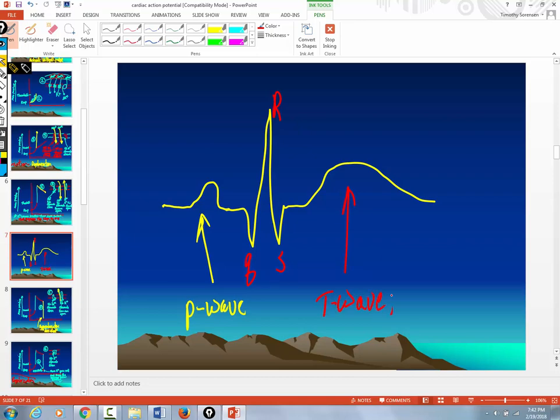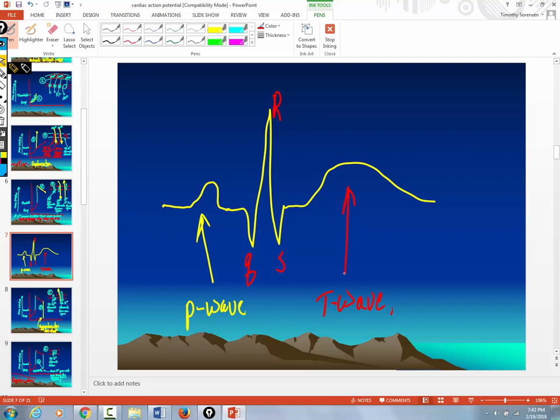Why don't you see the atria repolarizing? Because the ventricular depolarization is occurring at the same time the atria are repolarizing, so they're masking it. So the T wave is ventricular repolarization. And that is the result of potassium leaving through a voltage-gated potassium channel. So you see repolarization on EKG for potassium in the T wave.